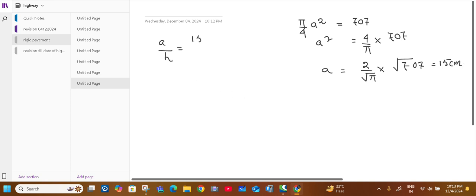So for 15 centimeter and a 20 centimeter thick slab, a by h is 0.75, which is less than 1.724.